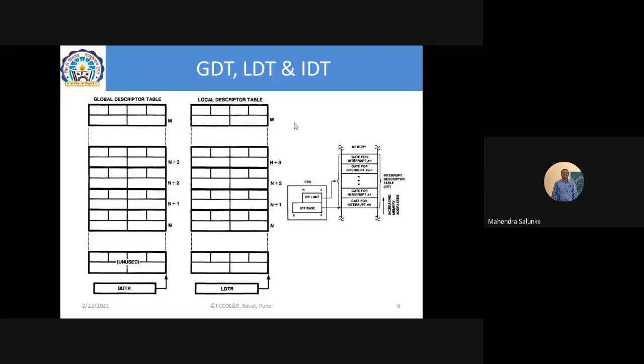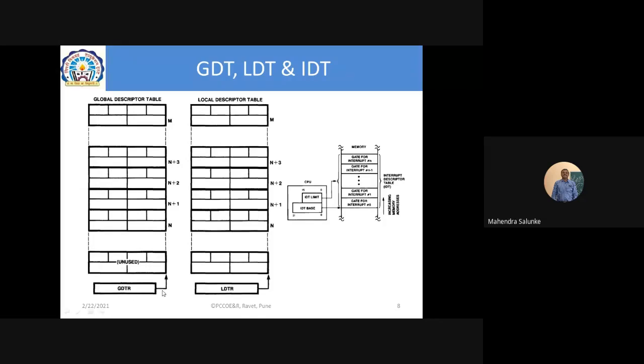Now this is the interesting diagram. Here you can easily identify the points that I was talking about. On the left side of the screen, you can see the GDT is specified. I told you we have only one GDT. Here the register mentioned is the GDTR.